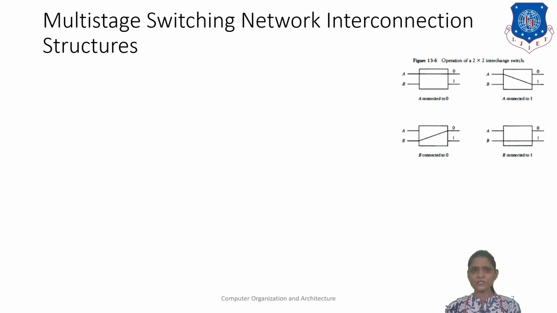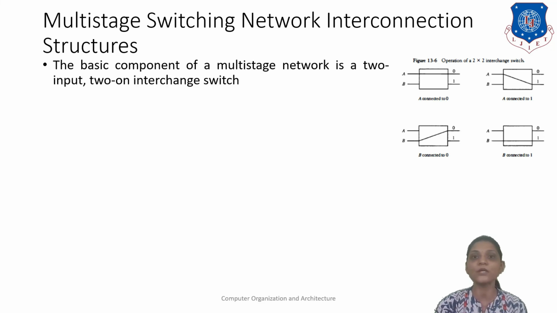Next, we have the multistage switching network interconnection. In that, we are using switches. The basic component is a two-input, two-output interchange switch. Here you can see A is connected to 0, A is connected to 1, B is connected to 0, and B is connected to 1.